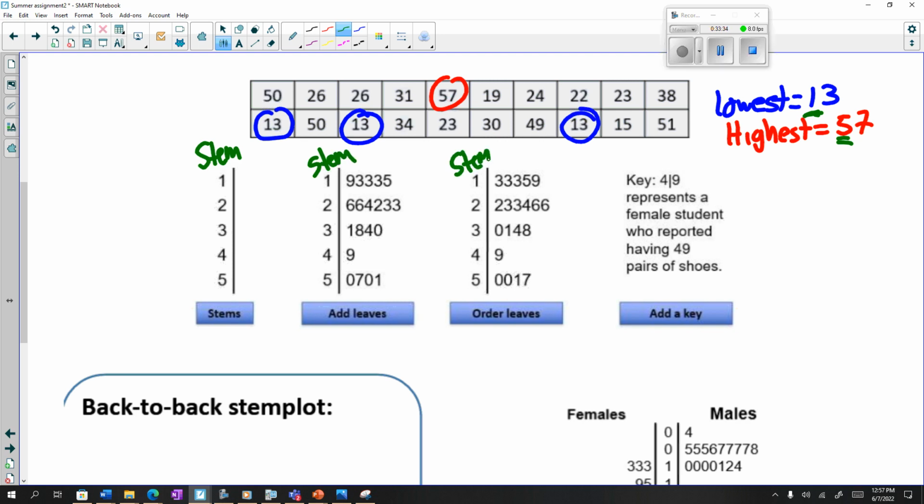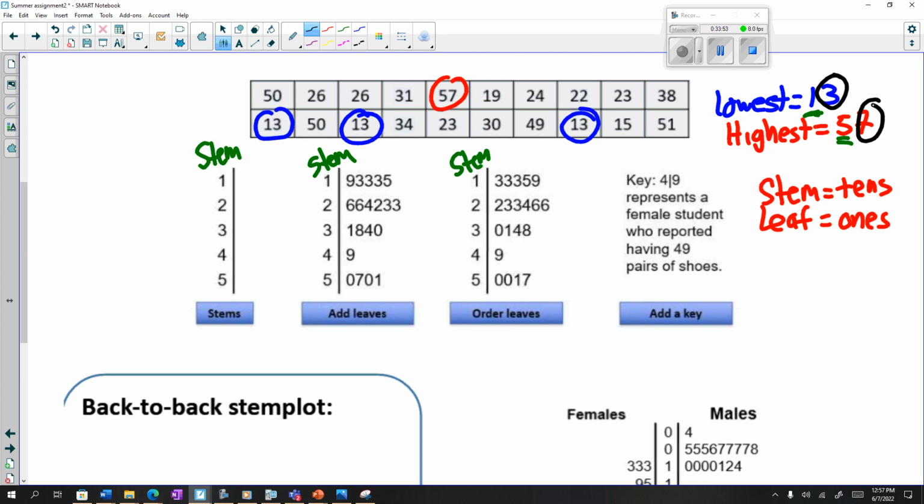The leaves are going to be the single digit pieces, the ones place. So the stem is the tens place, and the leaf is the ones place. That's going to be your 3 for the 13 and your 7 for the 57.